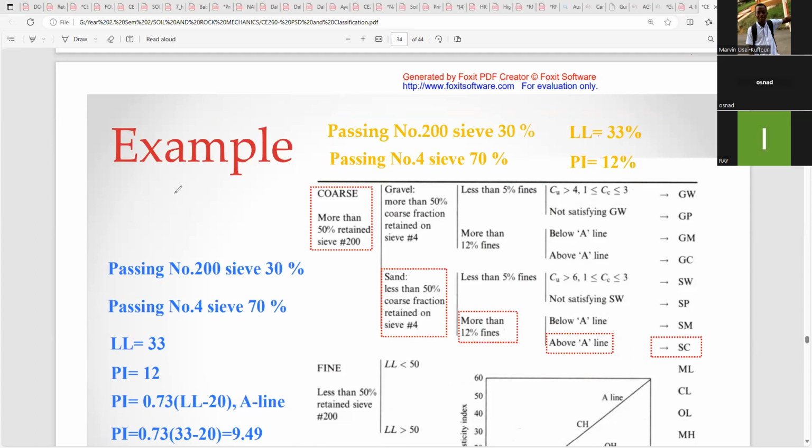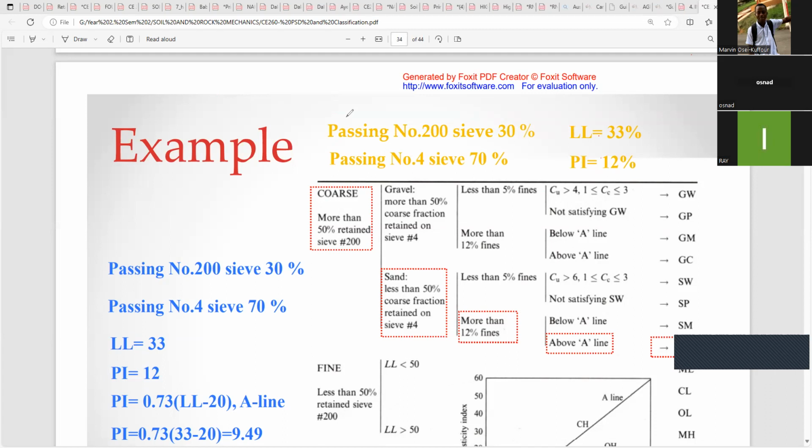So with this, it was given that the percentage that passed sieve number 200 is 30%, and the percentage that passed sieve number 4 is 70%. And mind you, the larger the sieve number, it means that the smaller the size of the holes.